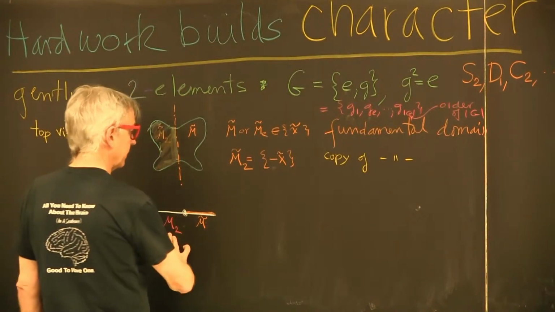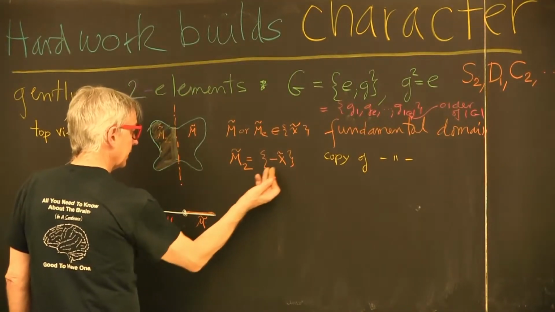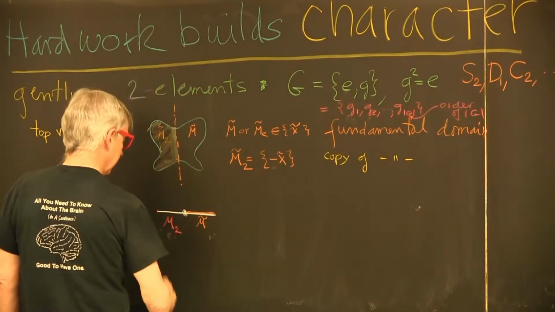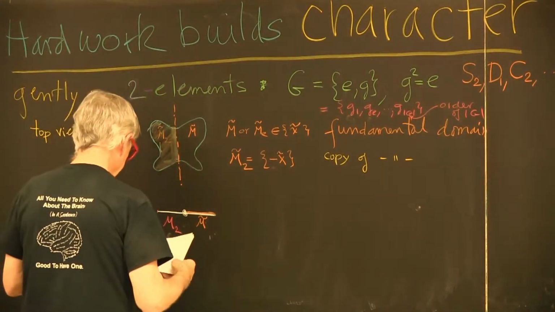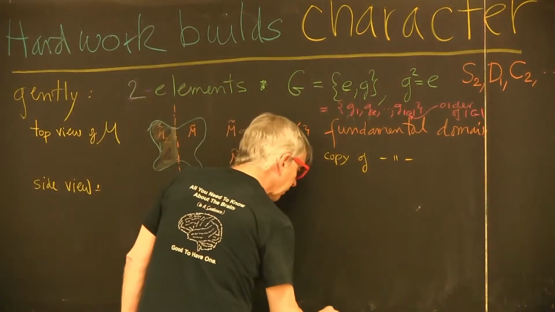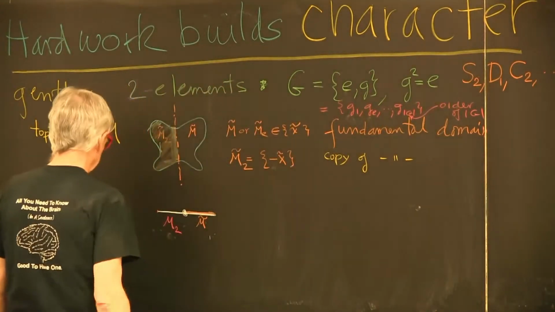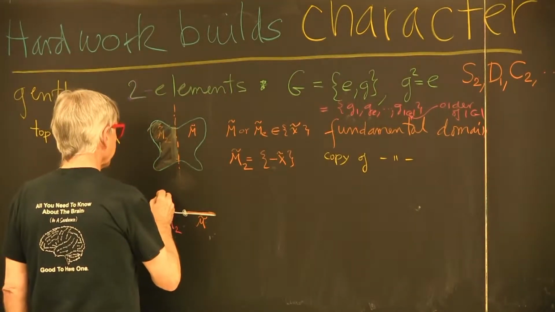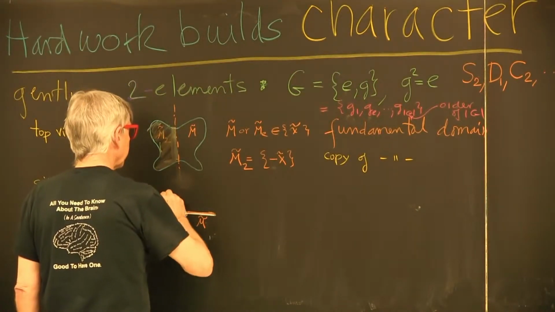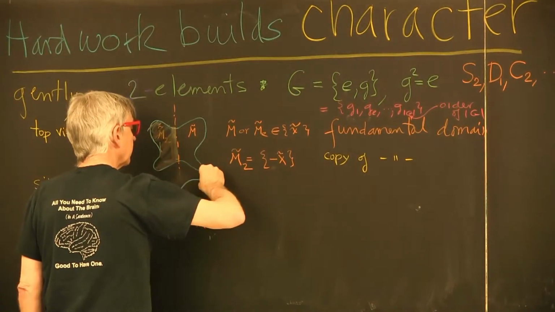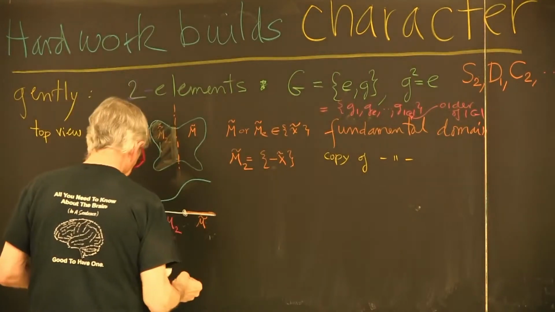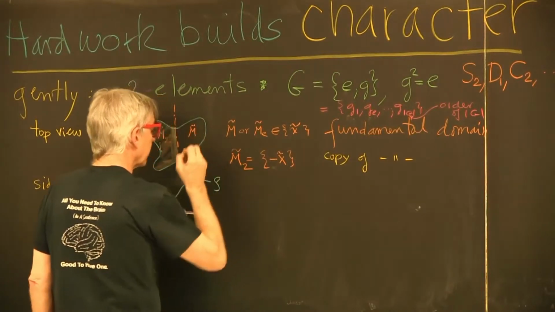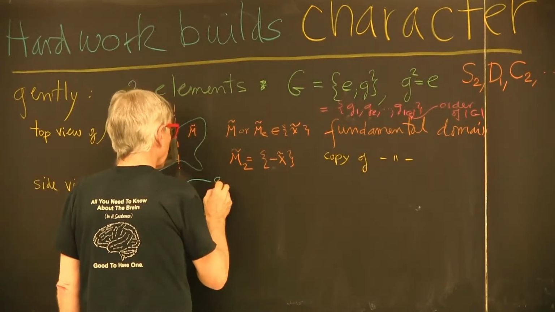So this is obtained from the fundamental domain by applying all group elements to it, and that gives me the image. The reason I'm drawing this sideways is because now I would like to think of scalar functions defined on this domain. And I'll call it rho here.